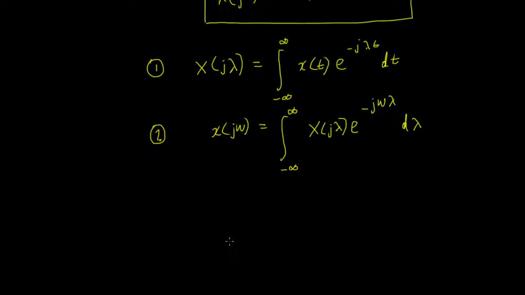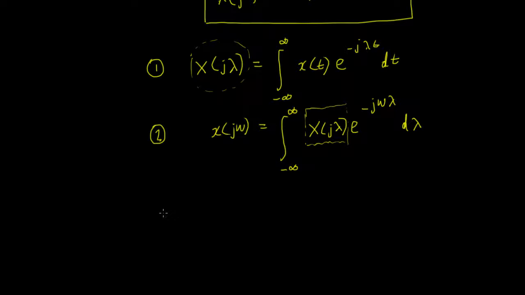So what we can do is notice that that x of j lambda is just this here, so we can take this function and place it in here.